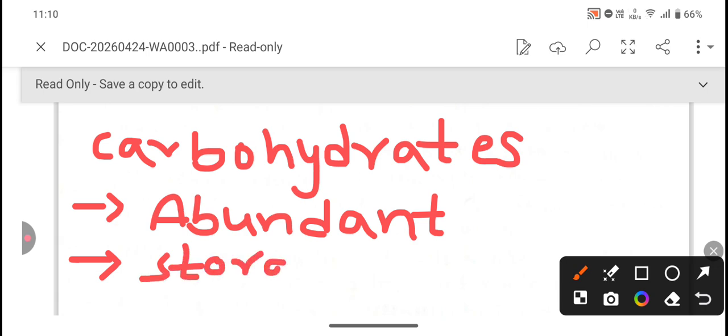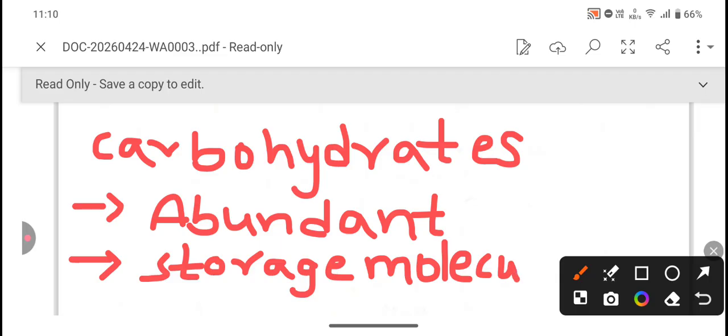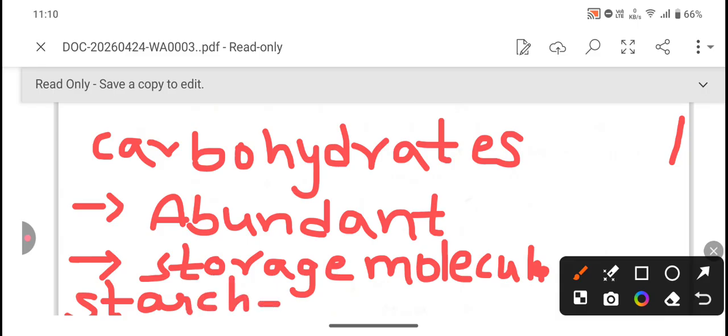The stored form of carbohydrate is starch in the case of plants, and it is glycogen in the case of animals.